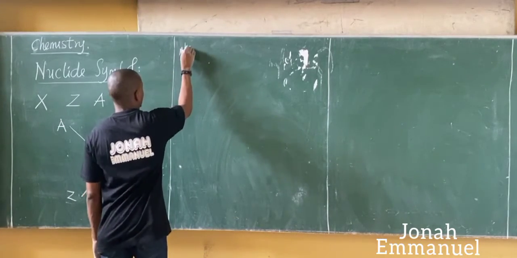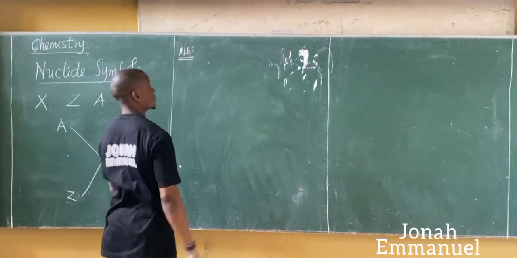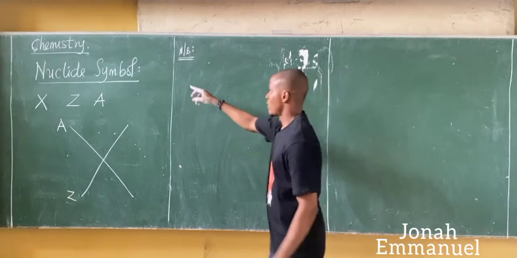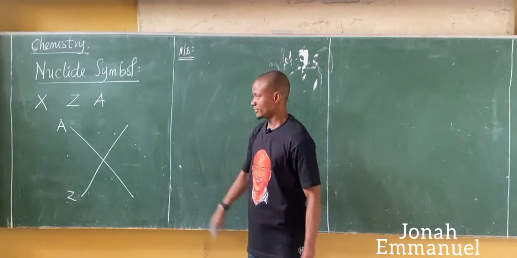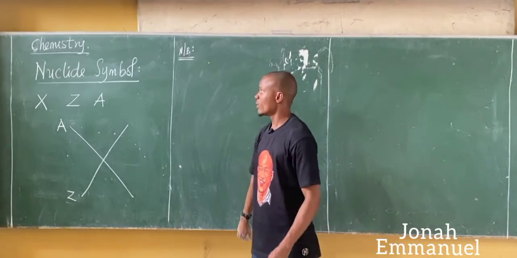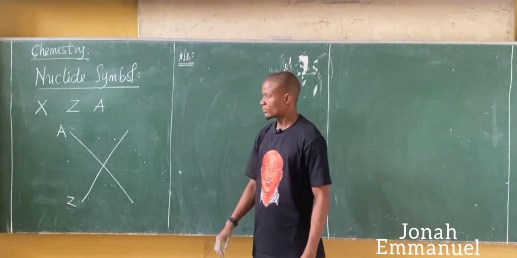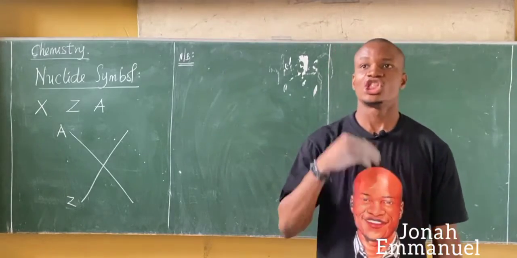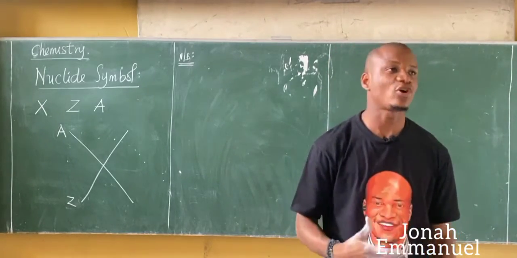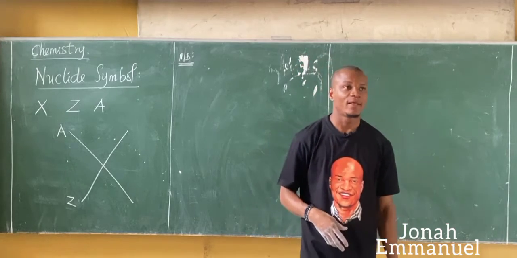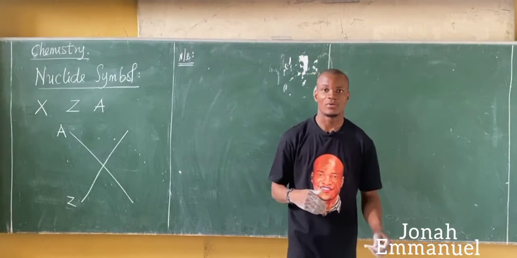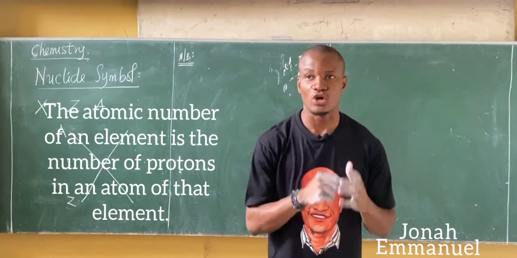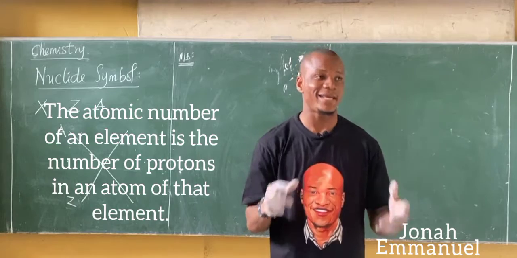So note something. Note number 1. The atomic number of an element is the number of protons in an atom of that element. We said this already before now, but note it please.